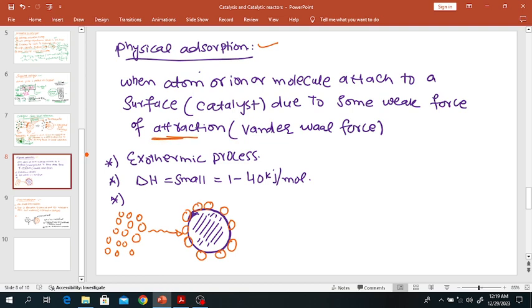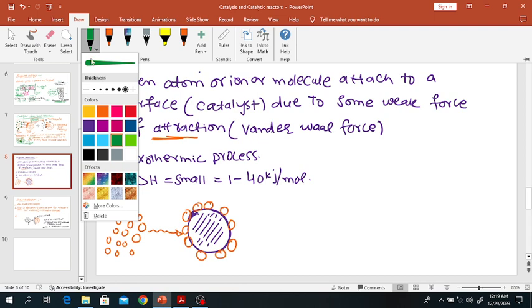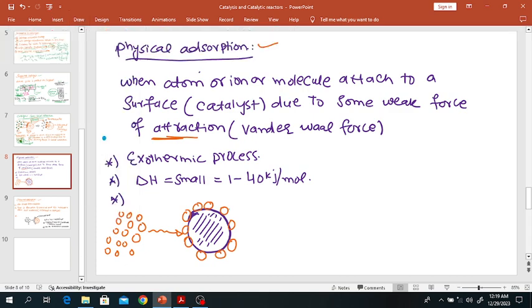In other words, it is an adsorption process in which the adsorbate, suppose these are the molecules, gas molecules, and this is the catalyst.